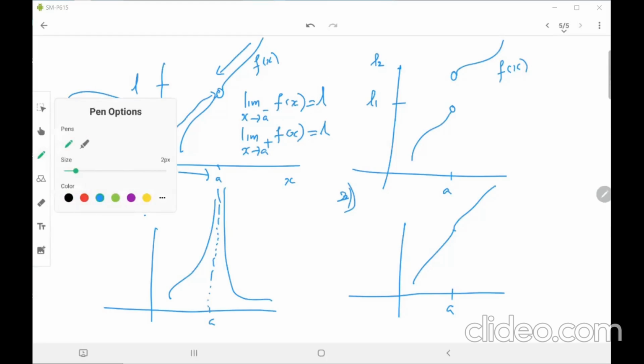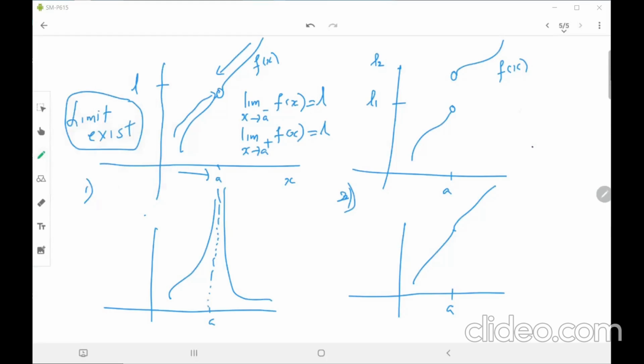In the second example, when you find the limit, what is the left limit? The limit as x tends to A minus of f of x. Can you tell me what happens when x moves to A from the left side? This function is moving to this point. What is the corresponding value? L1. So I can say the corresponding value is equal to L1.